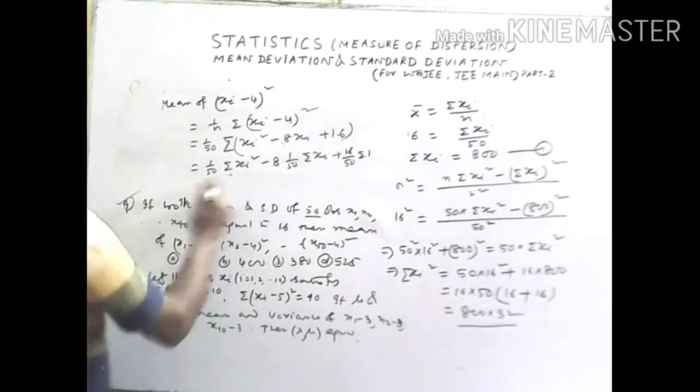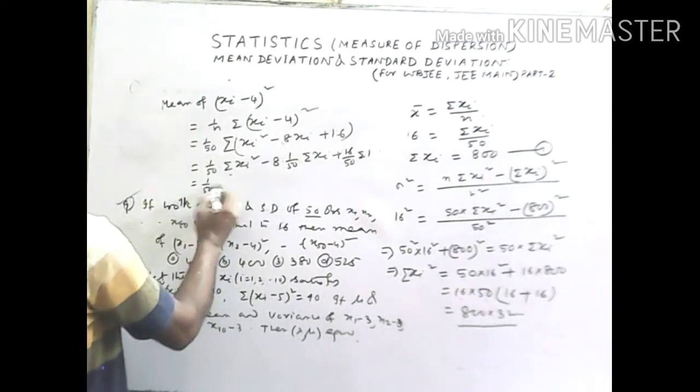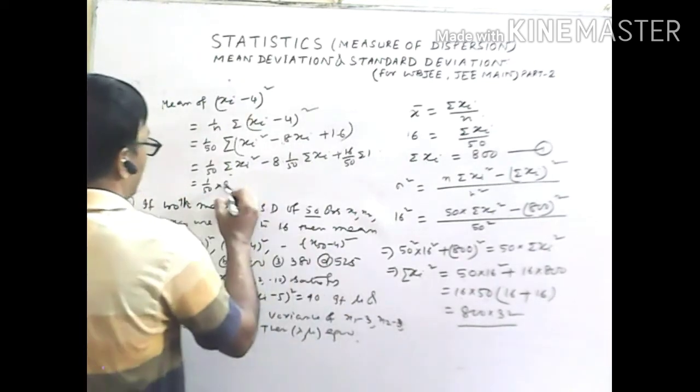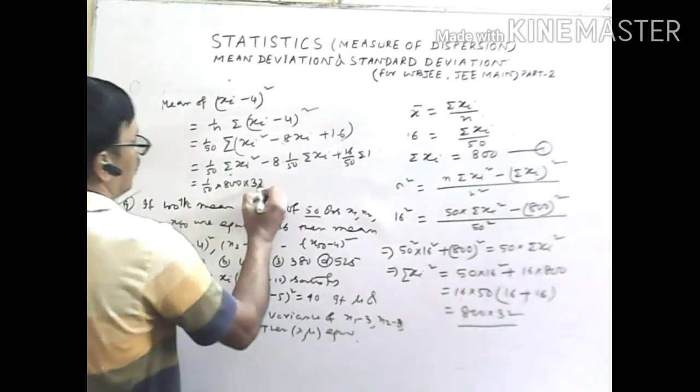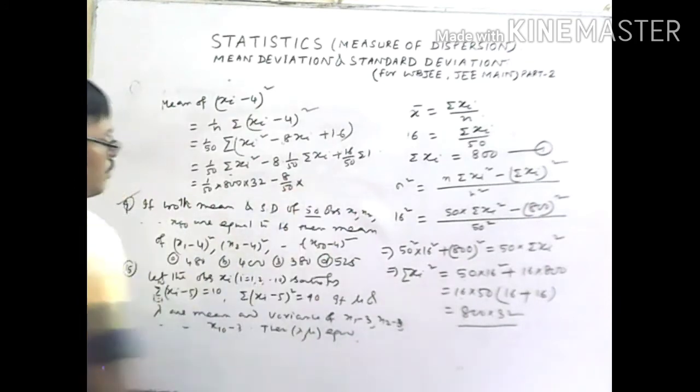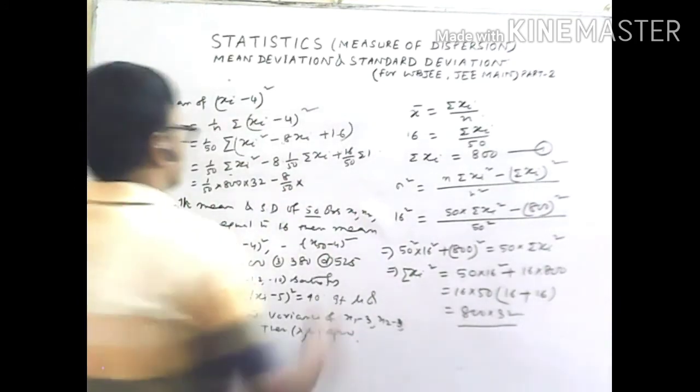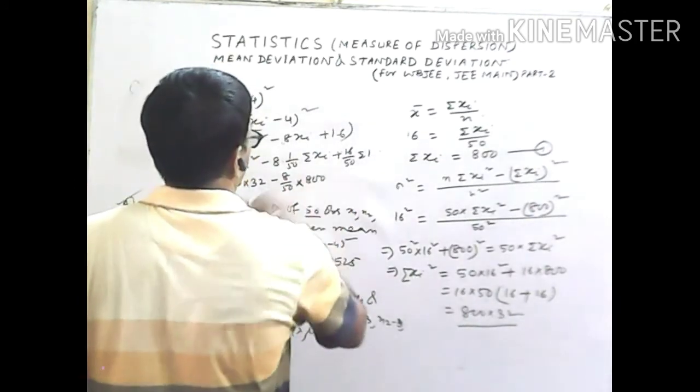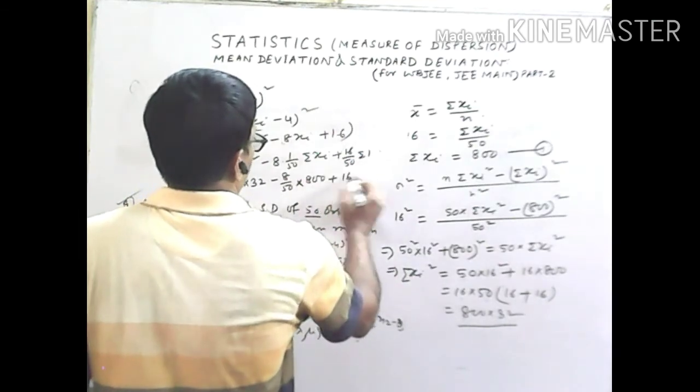So we get 1 by 50. What is summation xi square? 800 into 32. Minus 8 by 50. What is summation xi? Summation xi is 800. Plus 15 times summation 1.